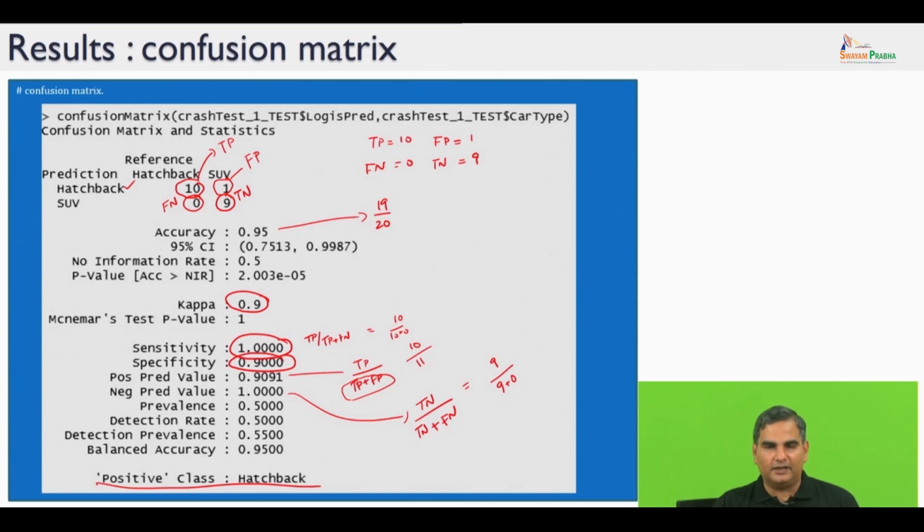So, it is application dependent, and depending on what you are going to use these results for, you should think about which of these numbers are important from your application viewpoint. Nonetheless, what we wanted to do in one lecture was give you the calculations for all of these, so that it is a handy reference when you work with case studies in R.